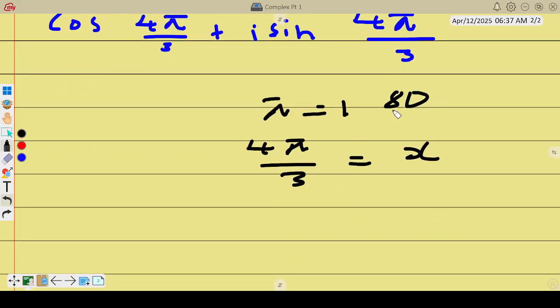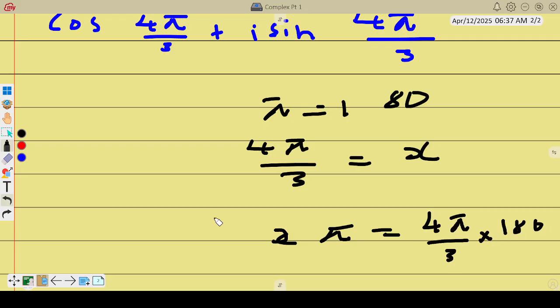So this will be x, and when we cross multiply, we're going to have 4 pi over 3 times 180. 3 into 18 is 6, and we have a 0.